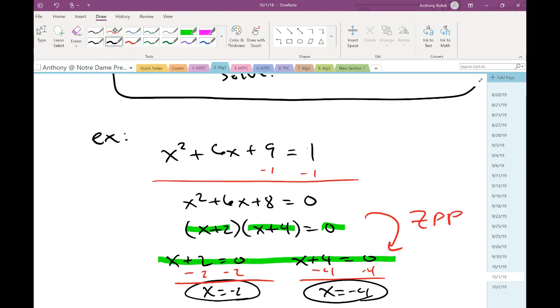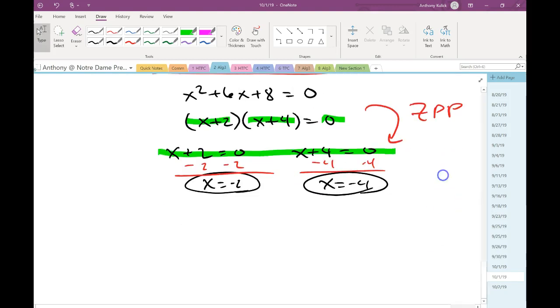And this is it. That's the procedure. It all basically looks the same. If you can factor, you can certainly solve by factoring. What's the catch here? Can I factor everything?